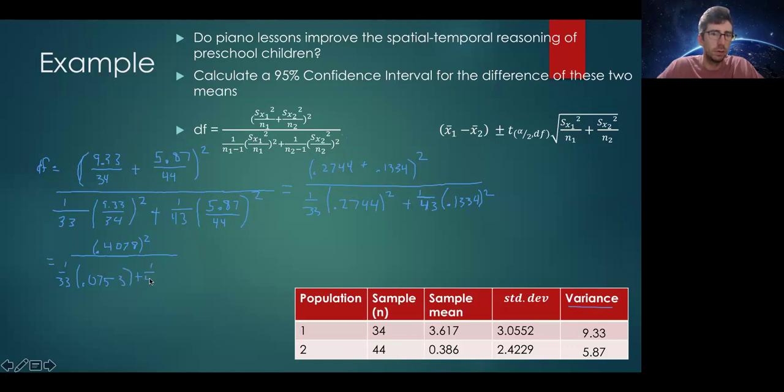Okay, and then we have 1 over 43. Now if we take 0.1334 and multiply it by itself, I get 0.01779.